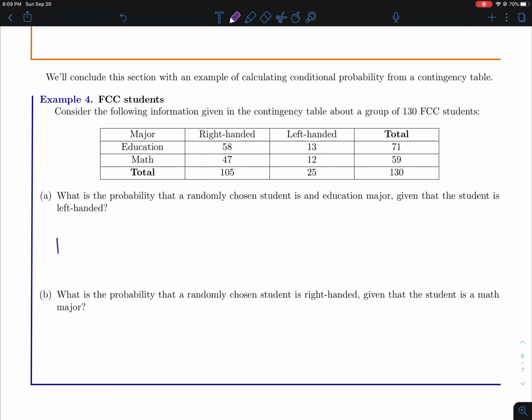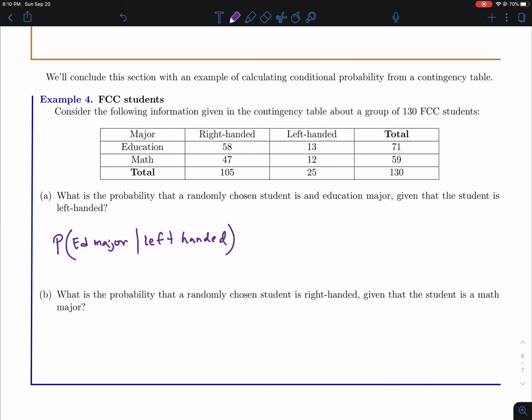So in this case, if we were to write it out, the probability of an ed major given, so I'm going to use the line for given, that the student is left-handed. So when we're looking at this, all we have to do is focus on the last part in this case.